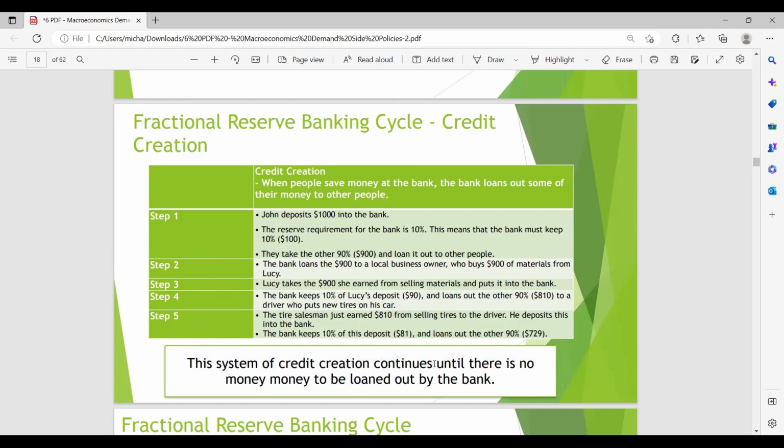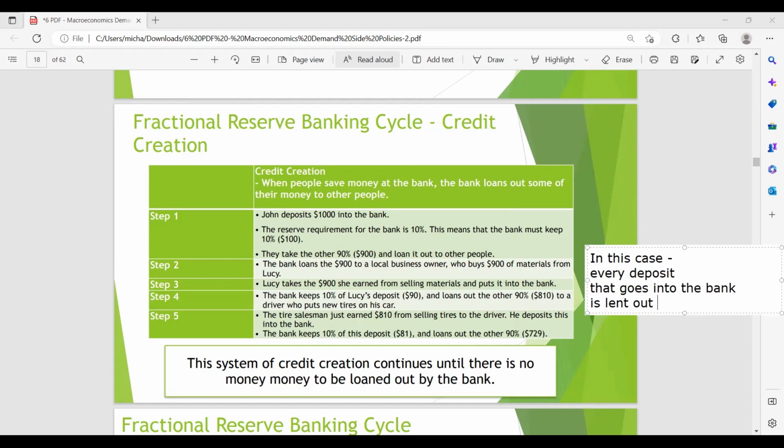In this case, every deposit that goes into the bank is lent out. 90% of every deposit that goes into the bank is lent out, and 10% is kept in the bank.